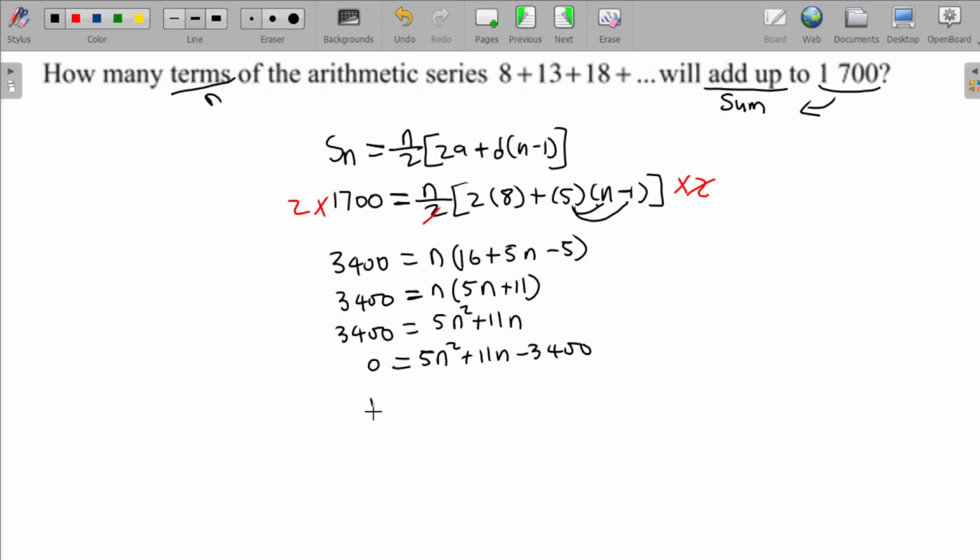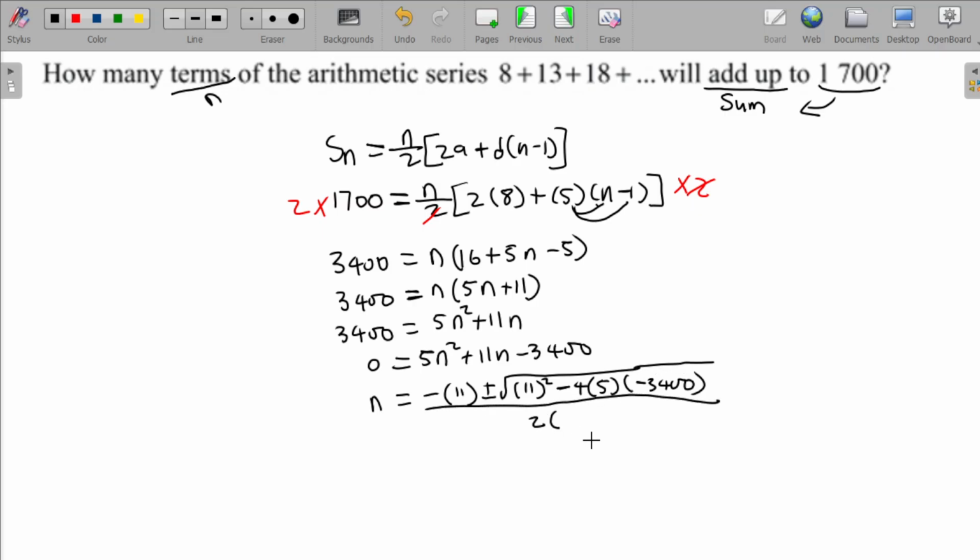Quadratic formula. So n is equal to negative 11 plus or minus the square root of 11 squared minus 4a c. My a is 5, and then my c is negative 3,400, and then all over 2a, and my a is 5, and then you punch this in your calculator.